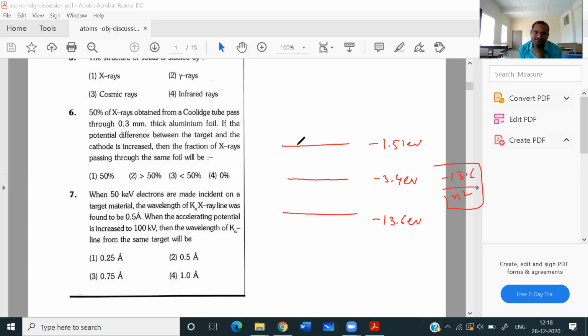So when an electron jumps from n equal to 3 to n equal to 1, one type of radiation with a different wavelength will come, whereas from n equal to 2 to n equal to 1, the energy will be different. But in this example, they are talking about the same K alpha line only.